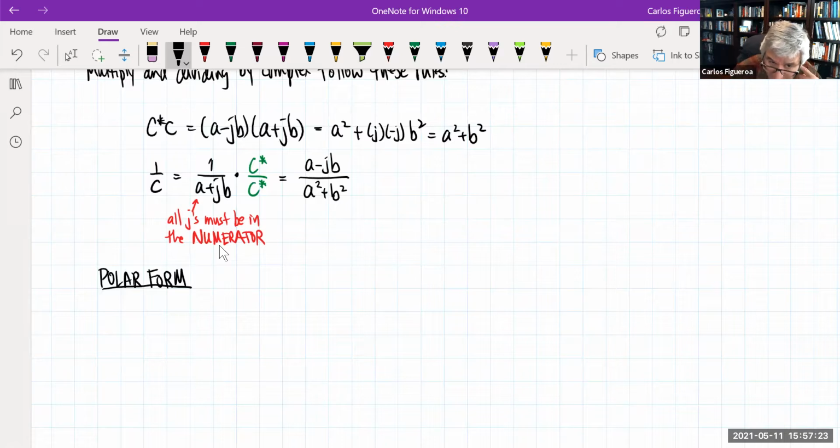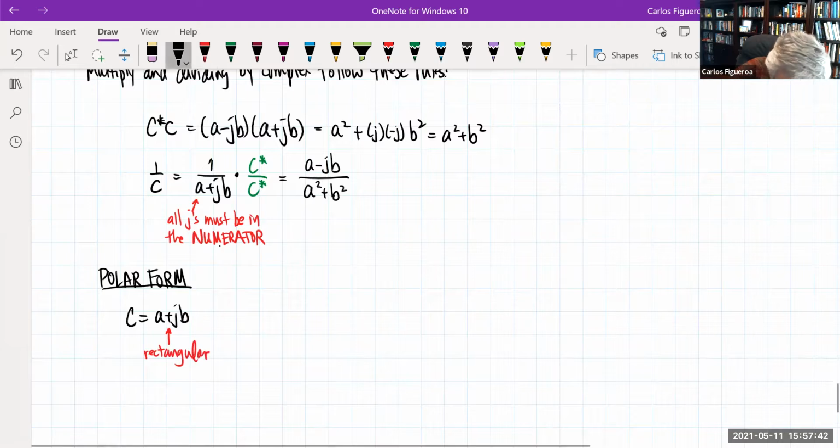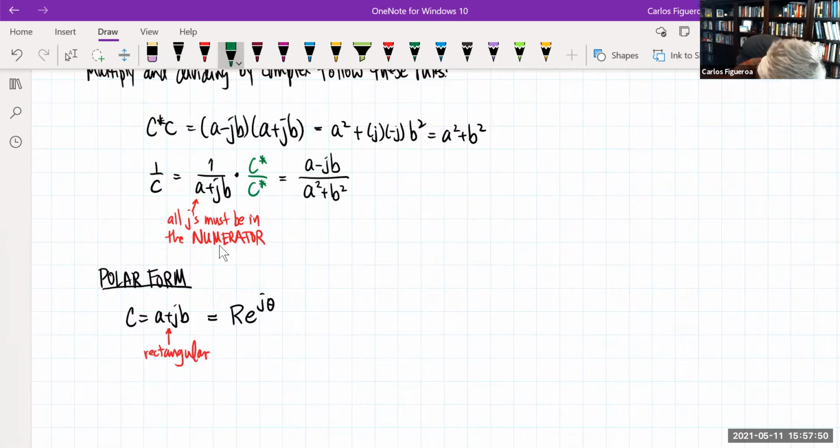When I write polar form, I really mean this: C is equal to a plus jb, and remember, this is rectangular. Polar form then looks like r e to the j theta. This is polar form. This is what we want to get it into.